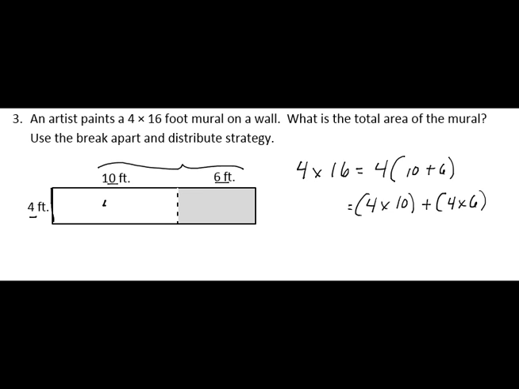Well, 4 times 10 is 40 and 4 times 6 is 24. 40 plus 24 gives me the area of the entire mural. 40 plus 24 is 64. So the total area equals 64 square feet.